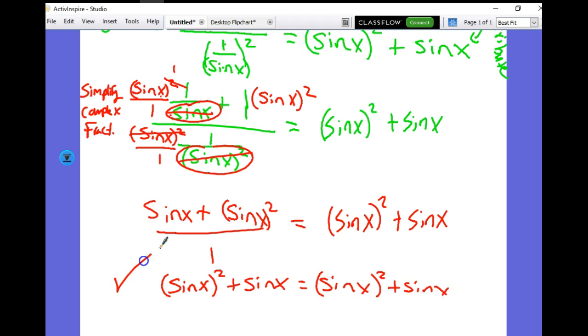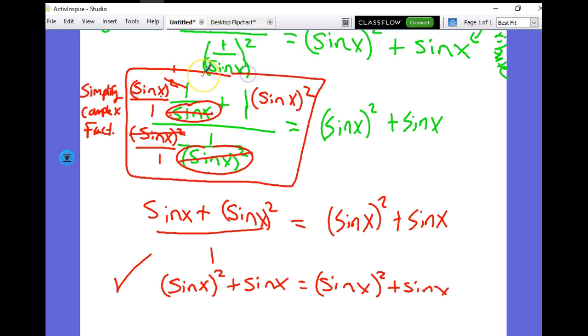And we're good. Okay, so there's a lot going on here, but what I really want you guys to understand is this step here. That's the new strategy there, where you multiply everything by the little denominators to simplify the complex fraction. That's the big one. Okay, the rest of it's just kind of little details along the way.